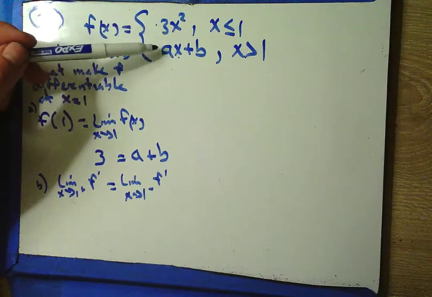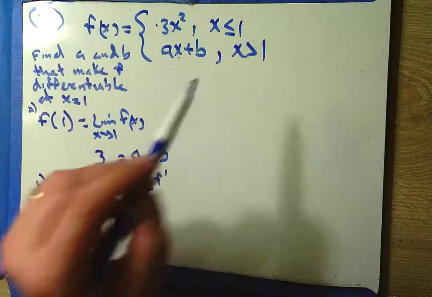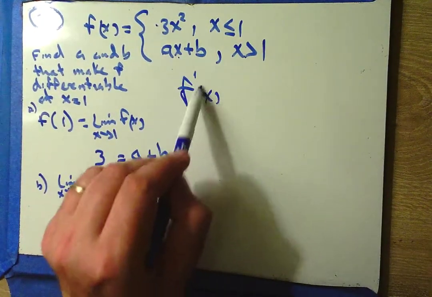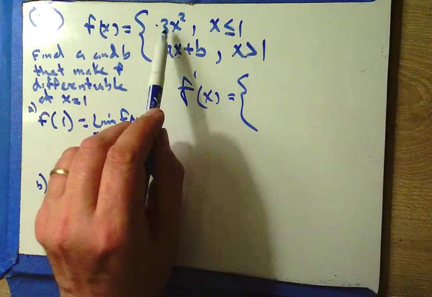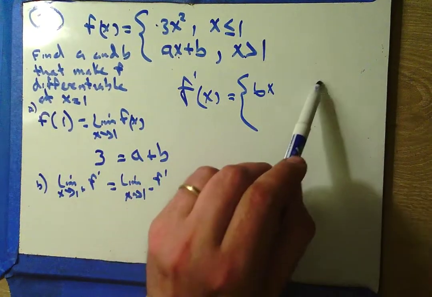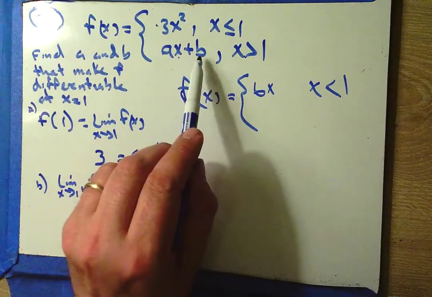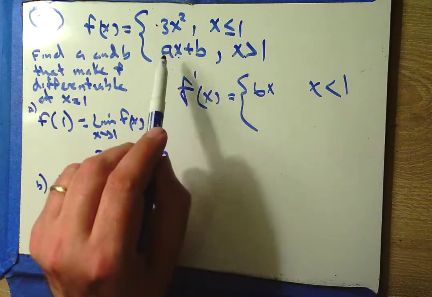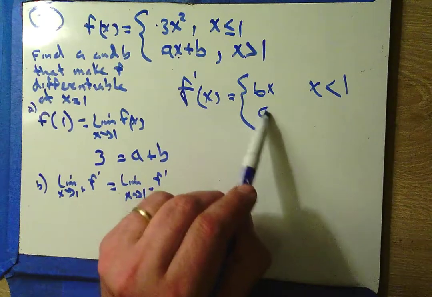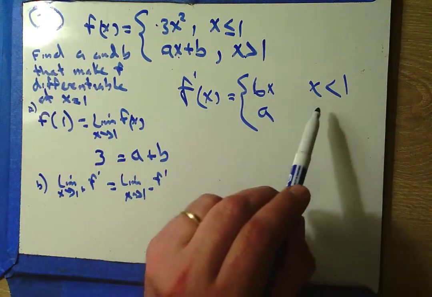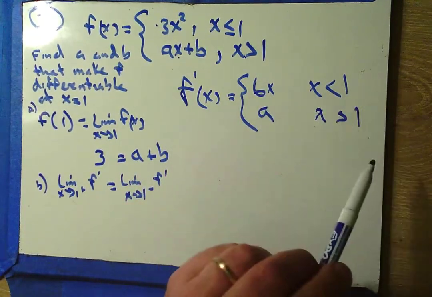We can use our shortcuts. The derivative here, build a little f prime of x function, will be 6x for x values less than 1. And the derivative here, well, the derivative of a constant is 0, and the derivative of this linear thing is a for x greater than 1.